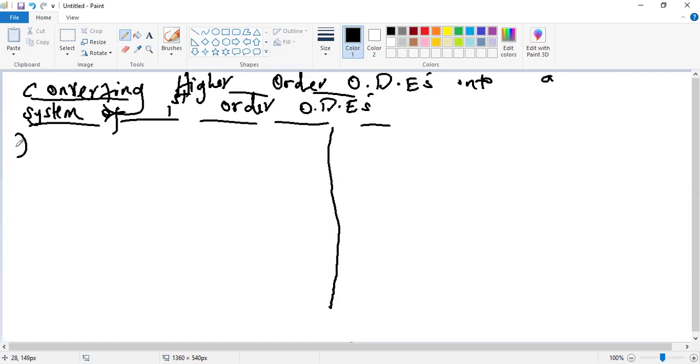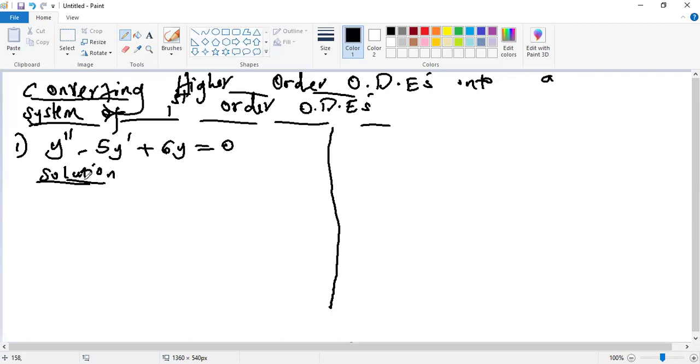You're given a second order differential equation, y prime prime minus 5y prime plus 6y is equal to 0. And the question is, convert this second order differential equation into a system of first order differential equations. How do you go about it?